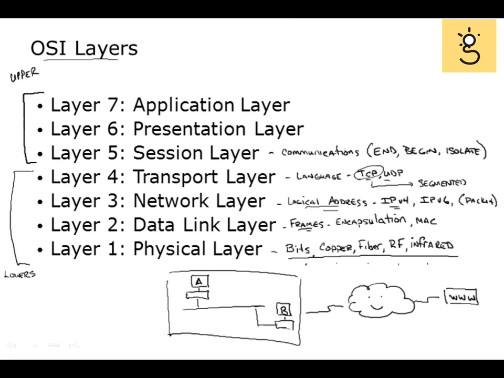Now the next part we have is the presentation layer. I like to use the word format, but format can still be a bit ambiguous. Some people use the term file extension. Basically, if you've ever worked with pictures in your network, you know that you have some pictures that are JPEGs, some that are called GIFs.